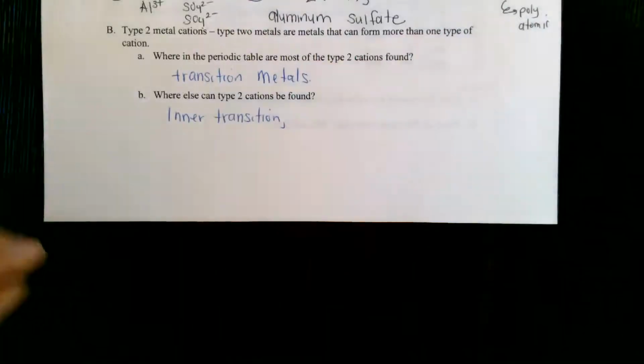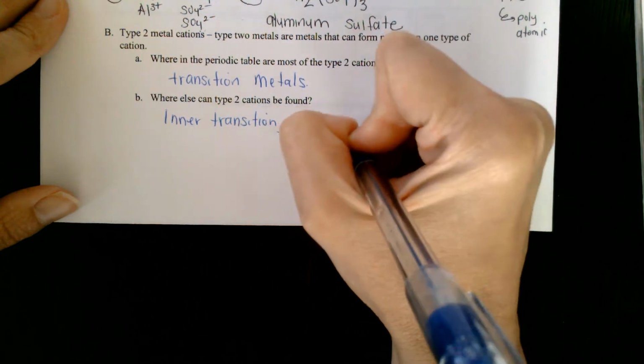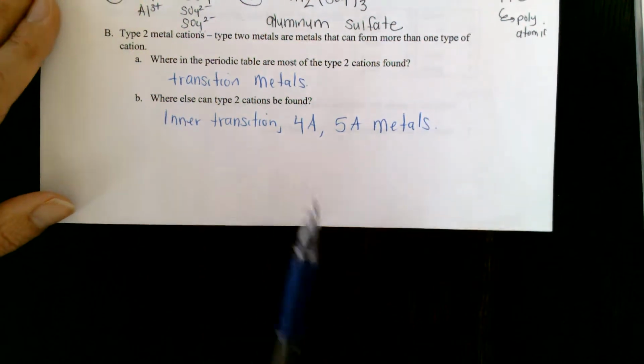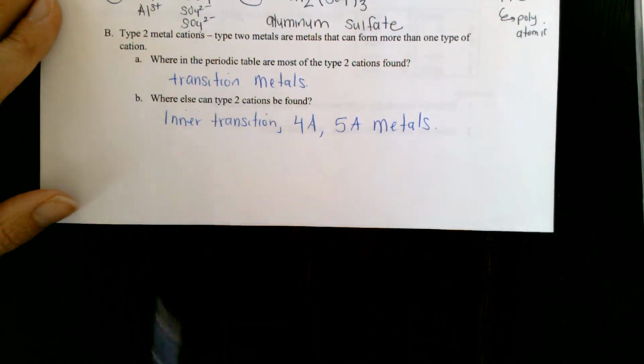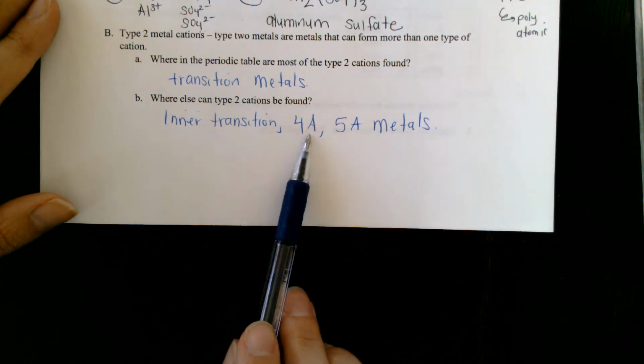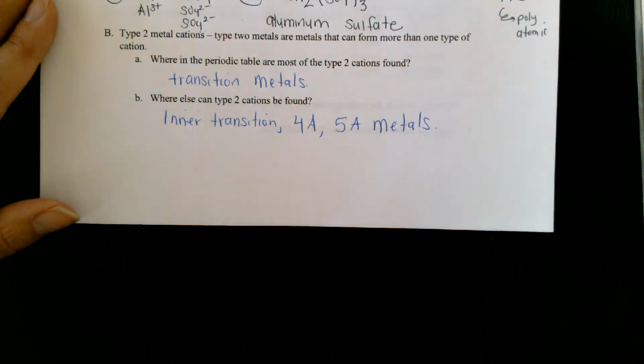And most of the time, again, we're going to be seeing transition metals. These 4A and 5A metals are pretty common too. These include things like tin and lead and bismuth.